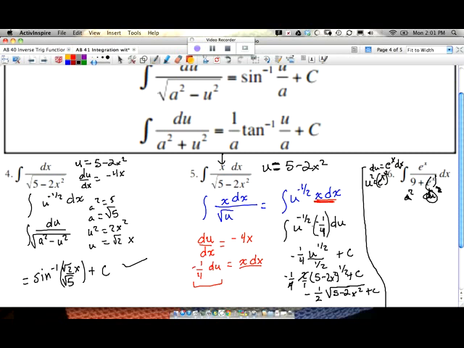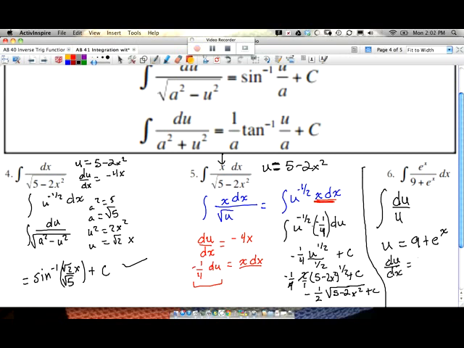However, it does fit another pattern that we have studied recently. That other pattern is natural log, where we're looking for du over u, or 1 over u times du. So let's say that I did a u substitution where I have u equals 9 plus e to the x, then du dx is going to be, well, the 9 goes to 0, and the derivative of e to the x is just e to the x.